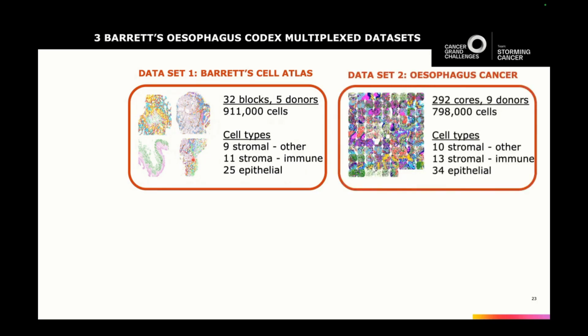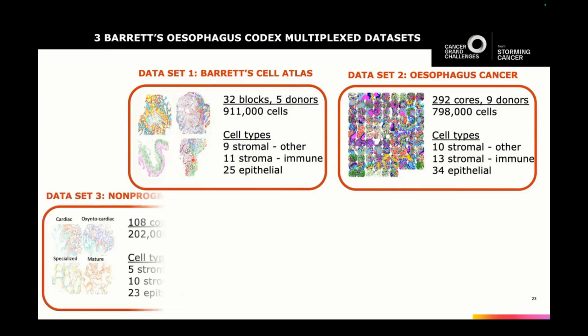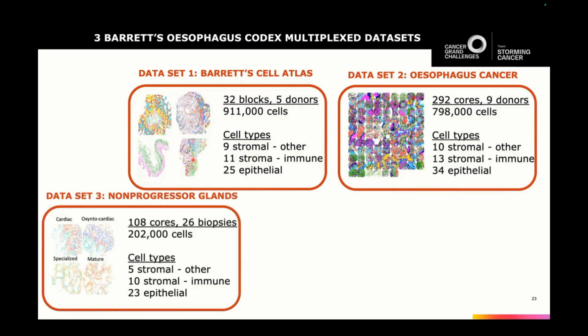The second one was to characterize differences between esophageal cancer that was derived from chronic inflammation versus other causes. And then the third was to compare people who have progressed versus people who have not progressed in Barrett's esophagus, and see what their samples could tell us about the environment.